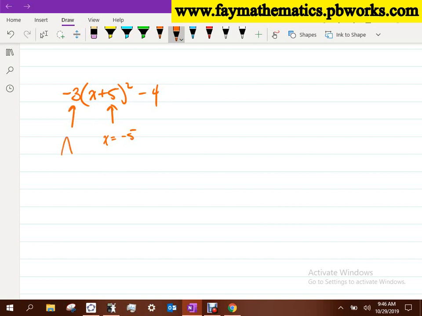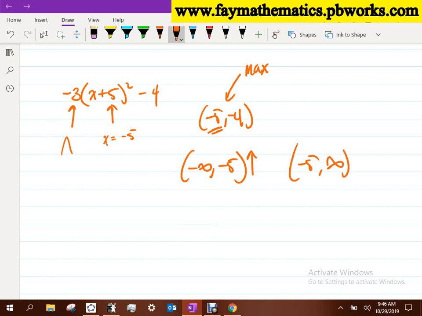So that must mean at this point, (-5, -4) is a maximum. Good. If it's a maximum, that means to the left, so -infinity to -5, you are increasing. Does that make sense? To the right of that maximum, -5 to infinity, you're decreasing.